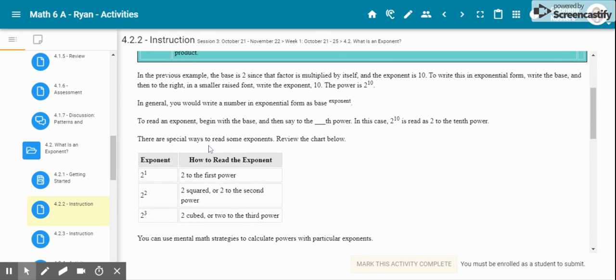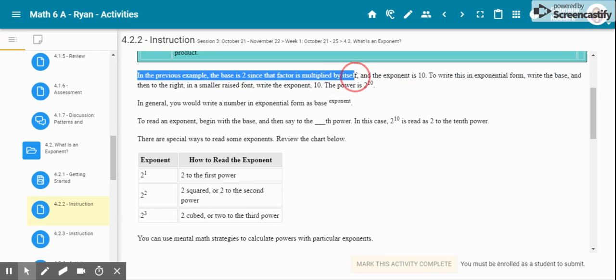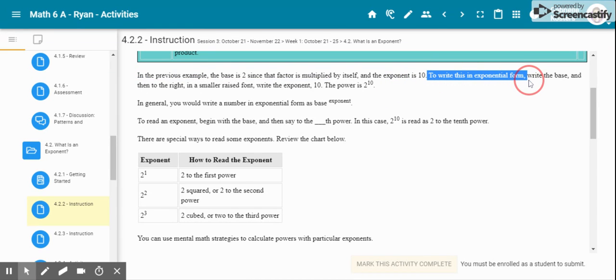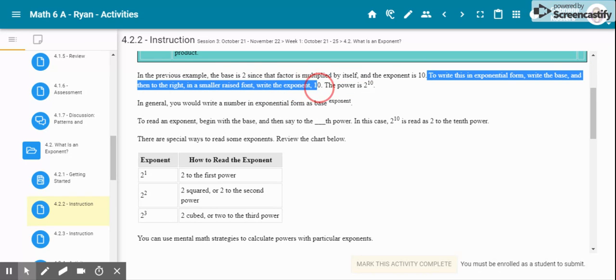Okay, so let's keep going here a minute. In the previous example, the base is 2 since that factor is multiplied by itself. And the exponent is 10. So to write this in exponential form, you'll write the base, and then to the right in a smaller raised font, write the exponent 10.